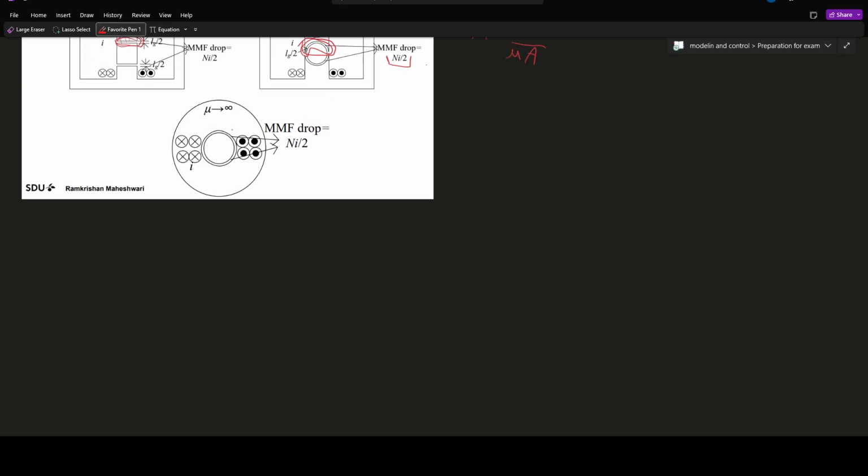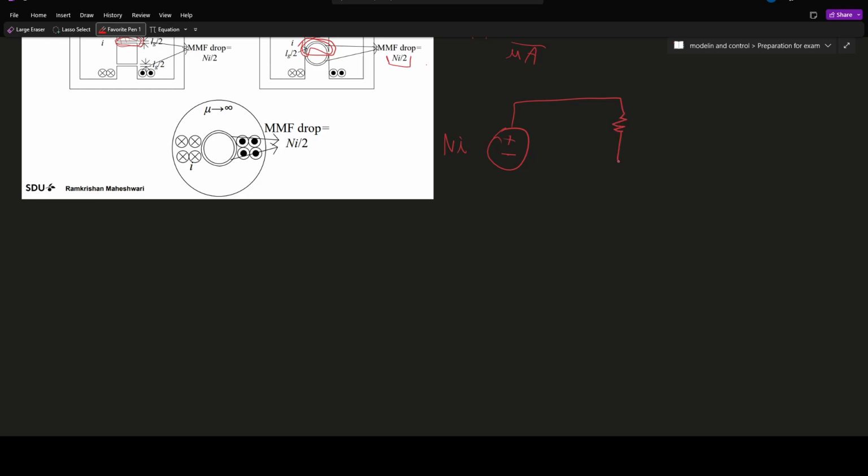And now for the final case, we just closed the space that we had here, and now we are going to have one source again. It's going to be Ni.